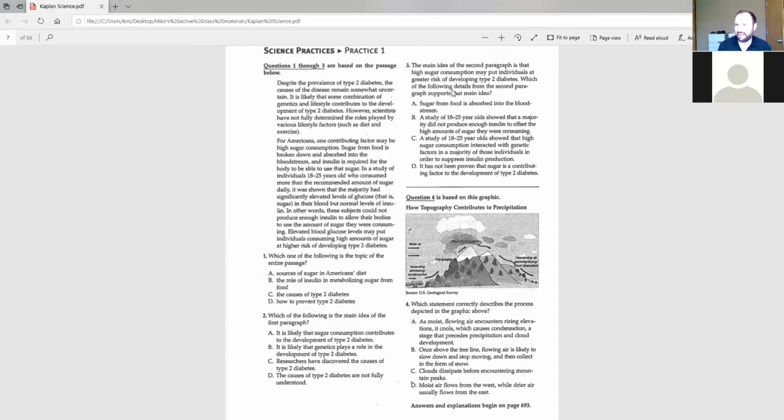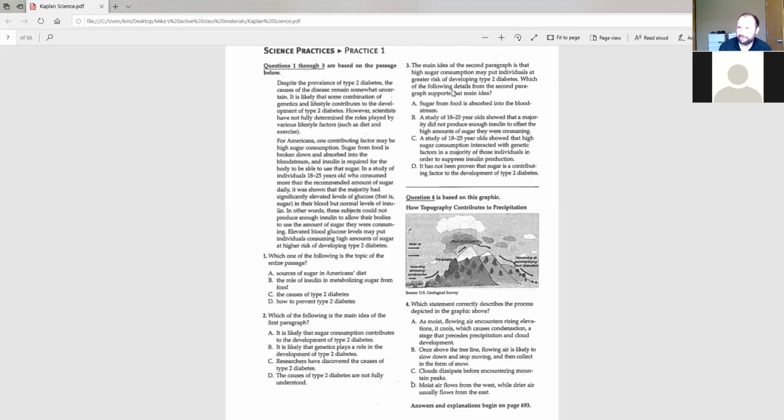But like with any multiple choice test, your goal is to just pick the best one. Because you could say that by talking about what leads to type 2 diabetes, you are also talking about how to prevent it, but not directly, right? So even though you could make an argument for D, in reality, the best answer here is just C, right?